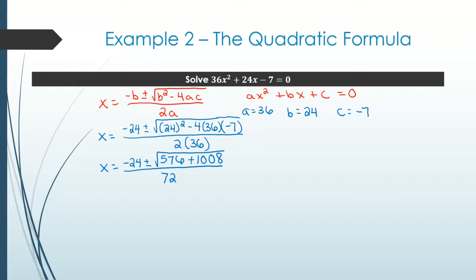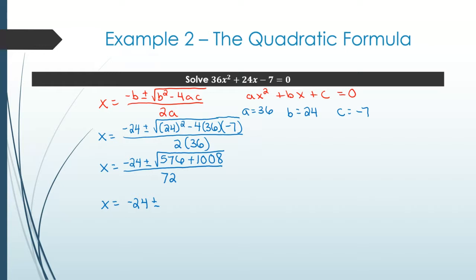So I've done the squared part, I did the 4ac part, and then I did the 2a part. Now I need to add the values that are inside the square root. It's negative 24 plus or minus.